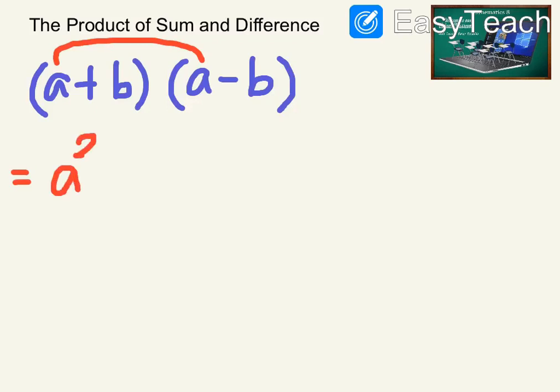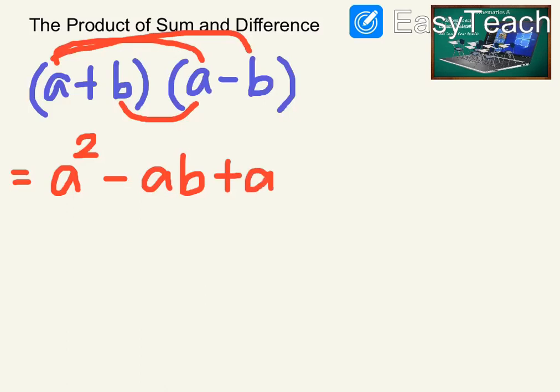And then a times negative b, you will end up with negative ab. And then positive b times positive a, you will end up with positive ab. And we have positive b times negative b, you will end up with negative b squared.